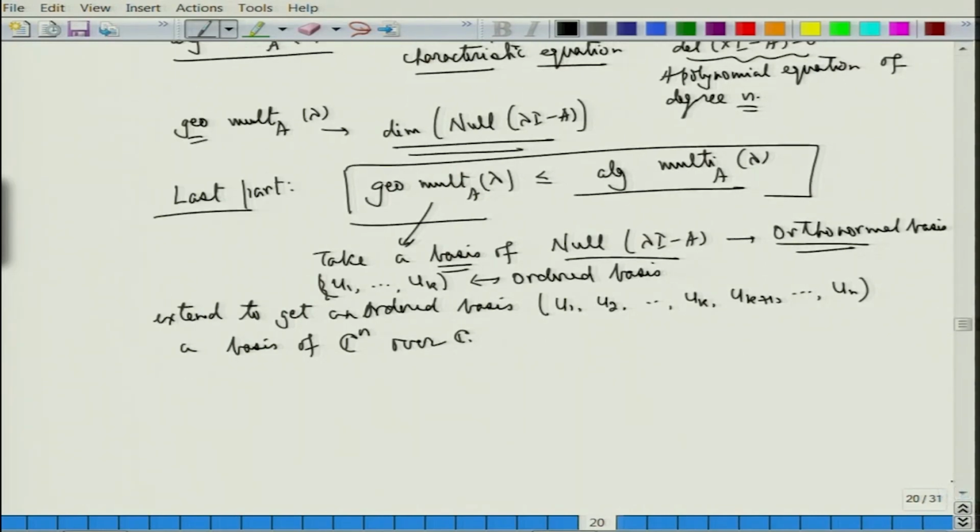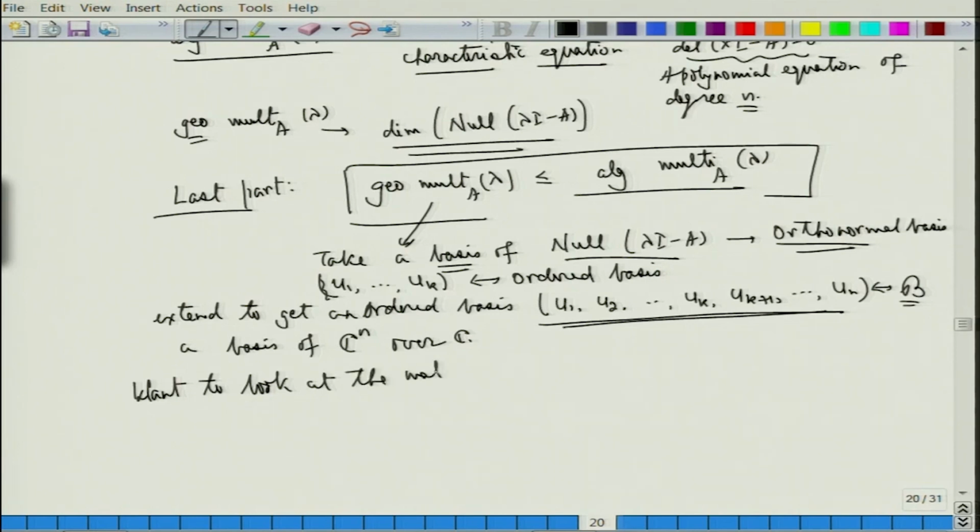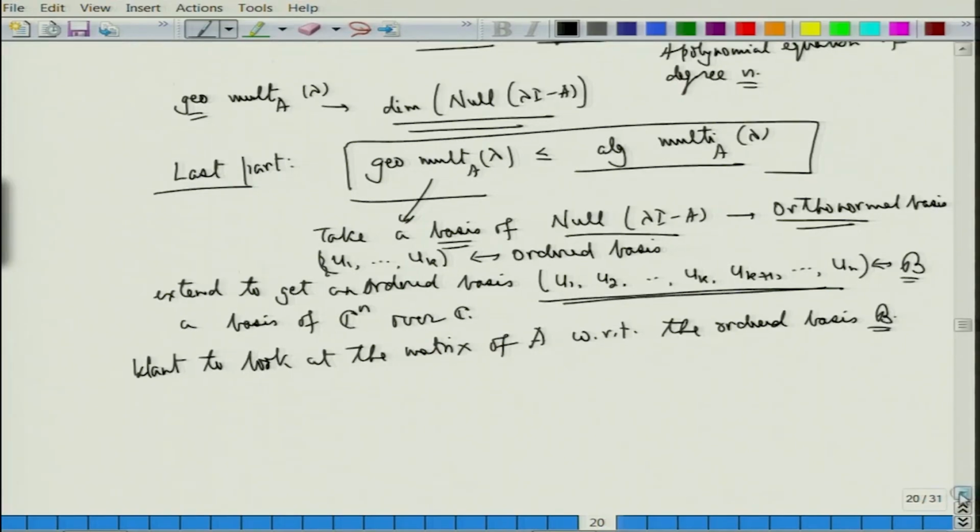Once we have done that, we take this as our ordered basis B. We want to look at the matrix of A with respect to the ordered basis B. So there were two ways of writing and understanding it.